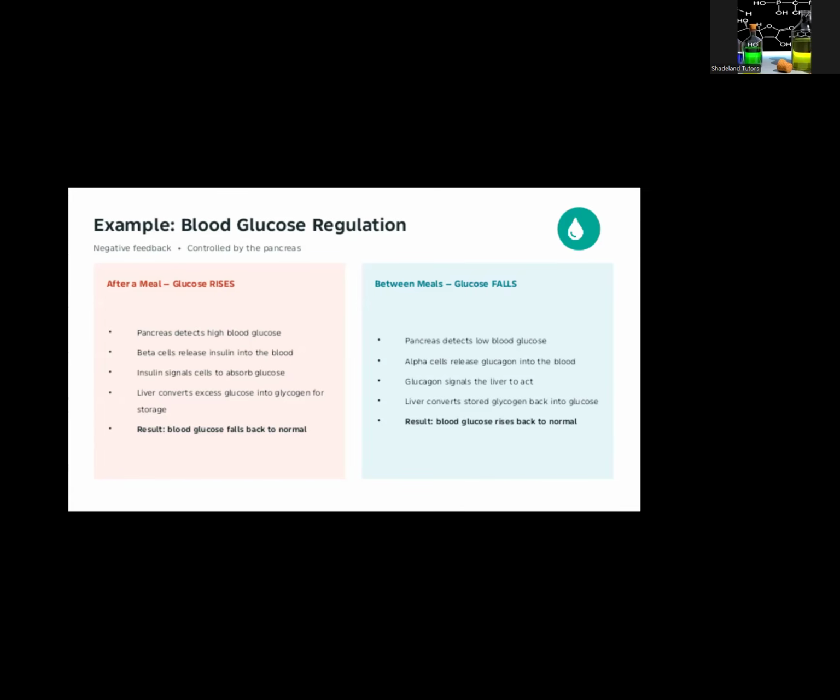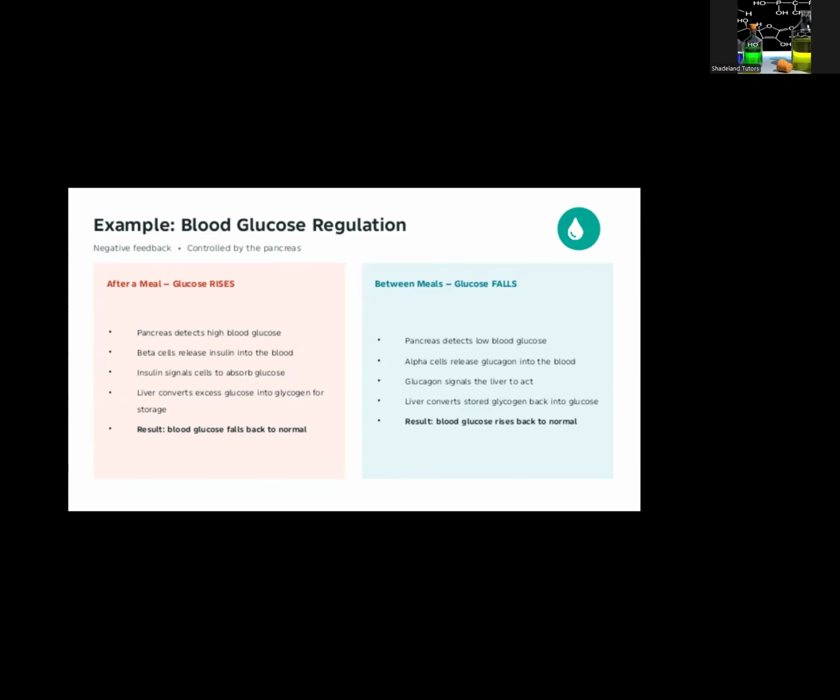So you finish eating your food, your blood glucose level will increase, especially if you've eaten a meal rich in carbohydrates. That sends a signal to the pancreas to start producing insulin. Insulin will help cells to take up more glucose.